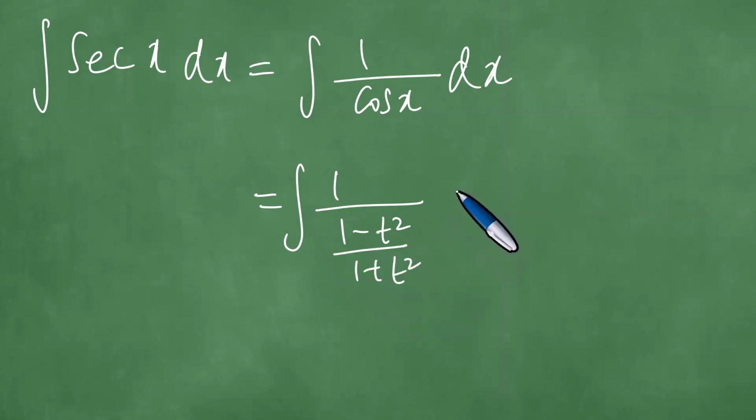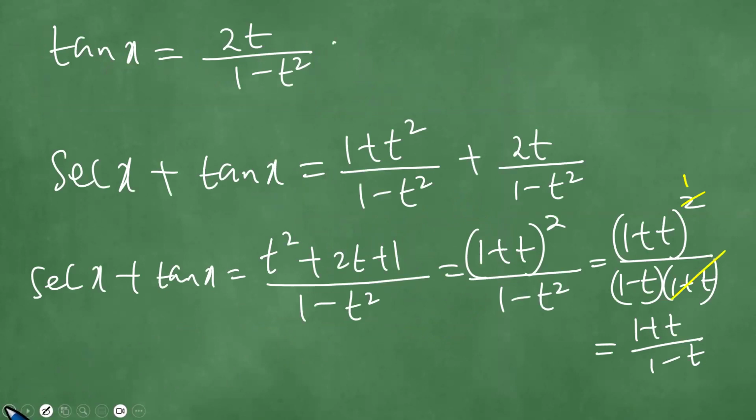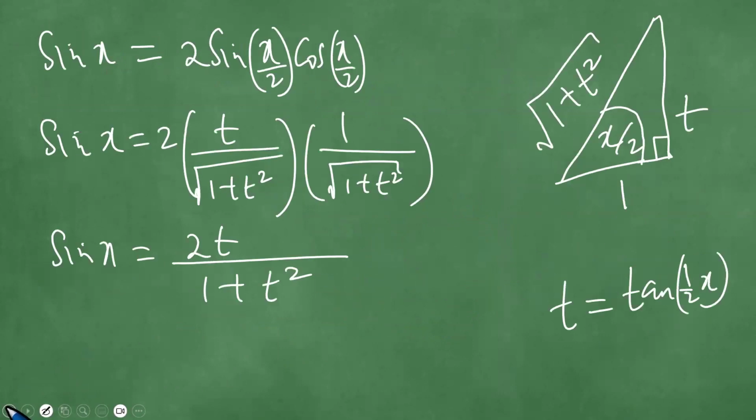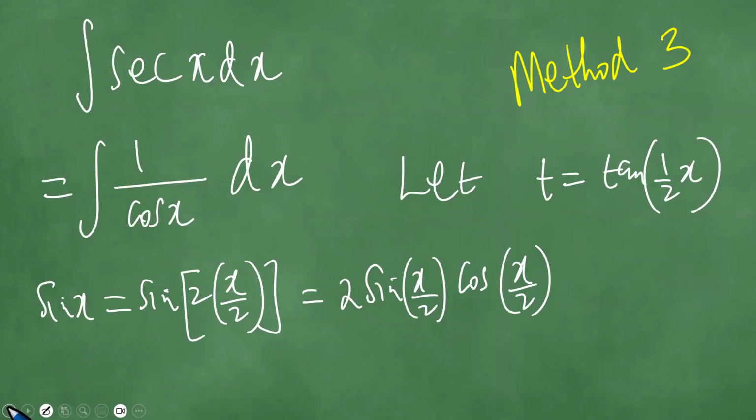And what is dx right now in terms of t? Let me check if we established that one. We did not. But recall that t equals the tangent of half x.